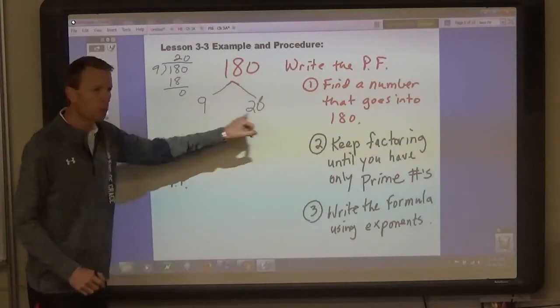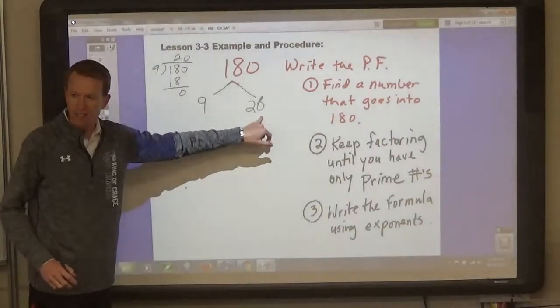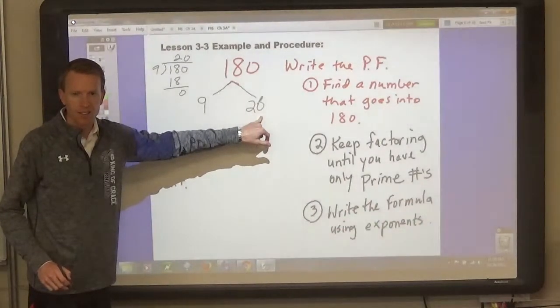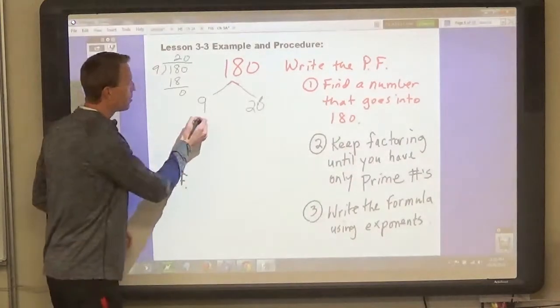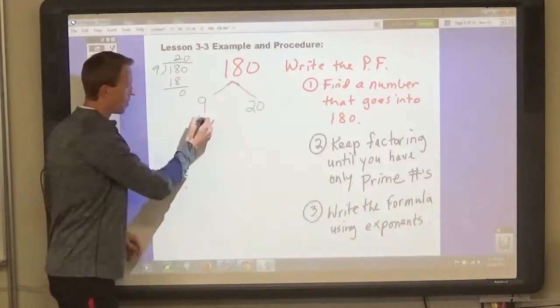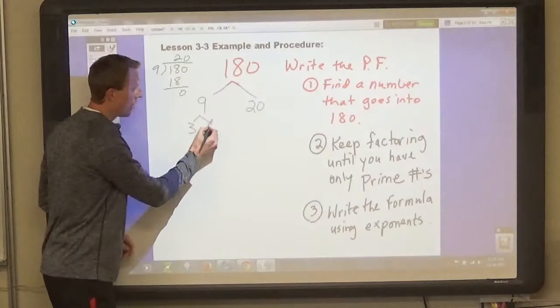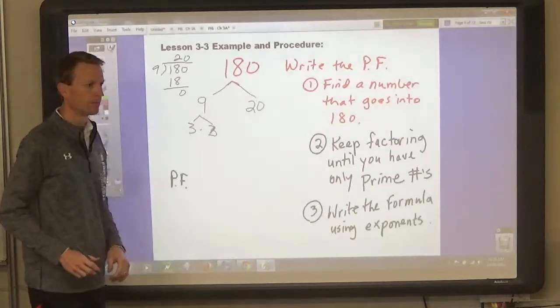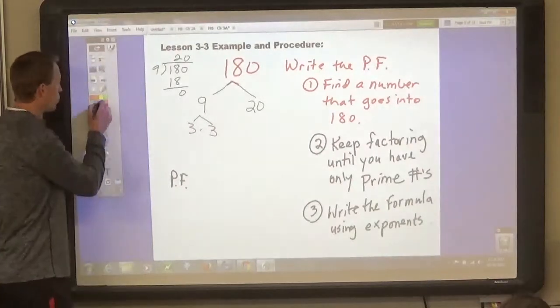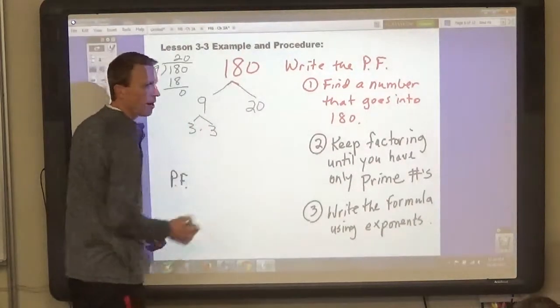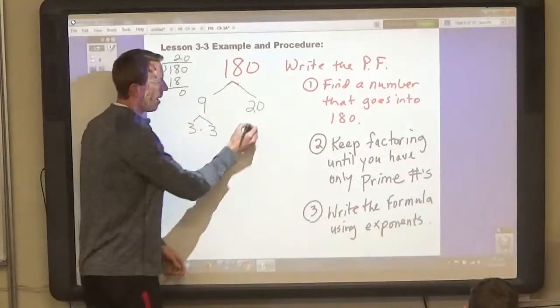Now, are these two prime numbers? No. What numbers go into 9? 3. 3 times 3, right? Now, with 20, what goes into 20? 5.